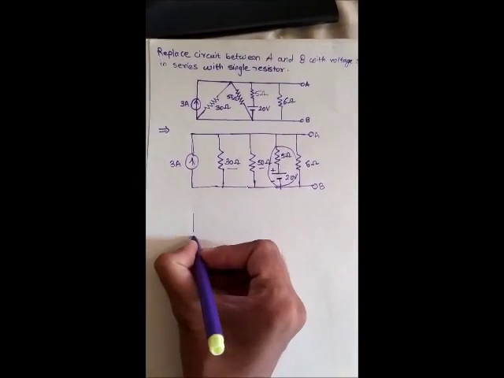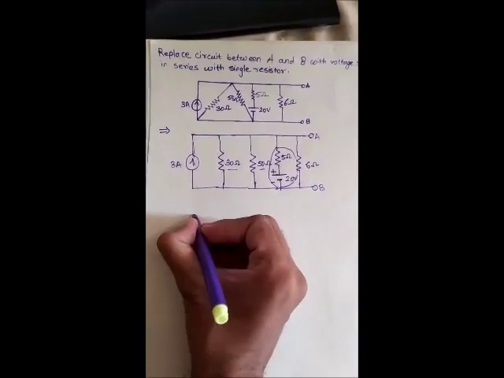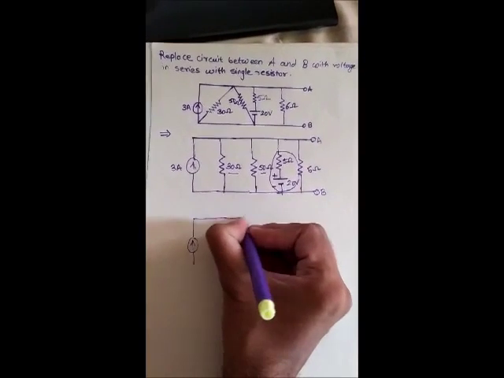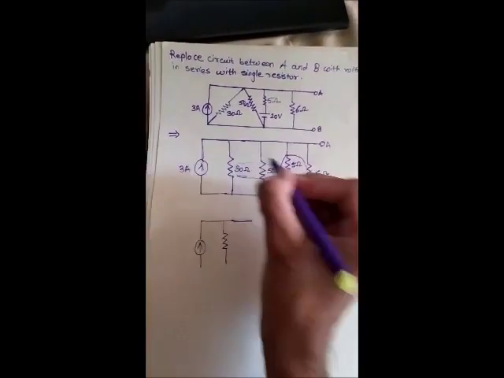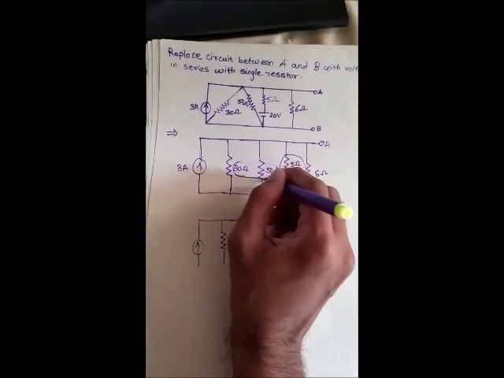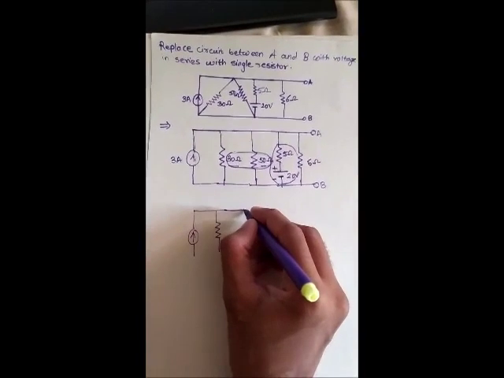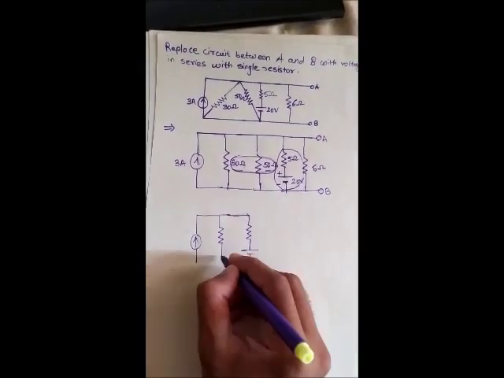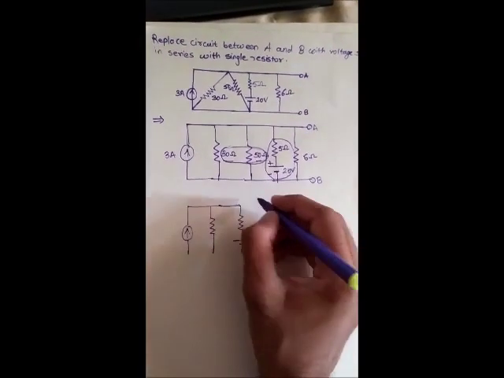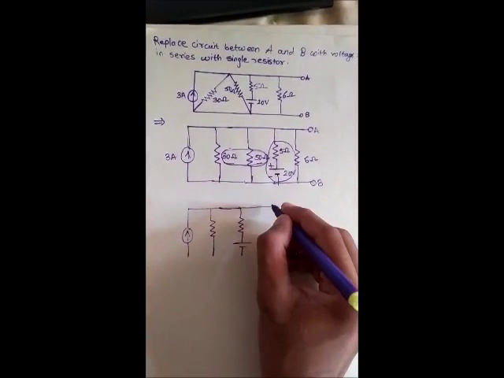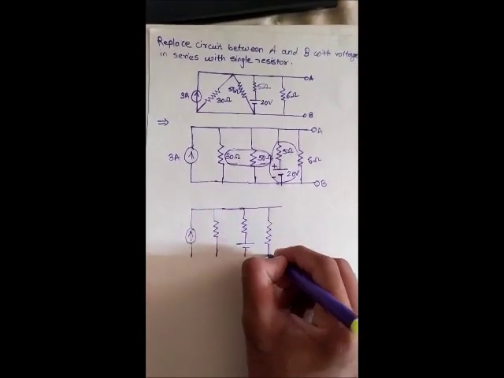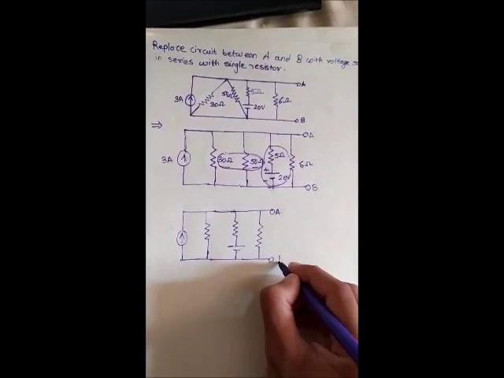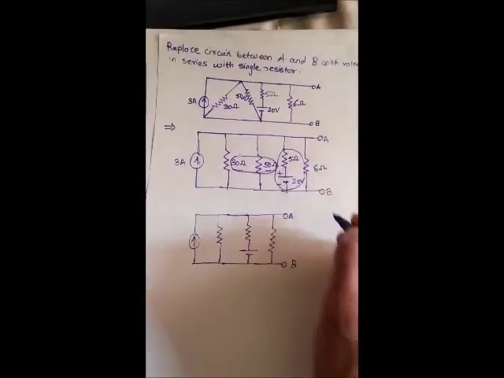So in the first step I have solved the parallel combination of this 50 ohm and 30 ohm resistance, and hence a single resistor will be there. Okay, simplified circuit.